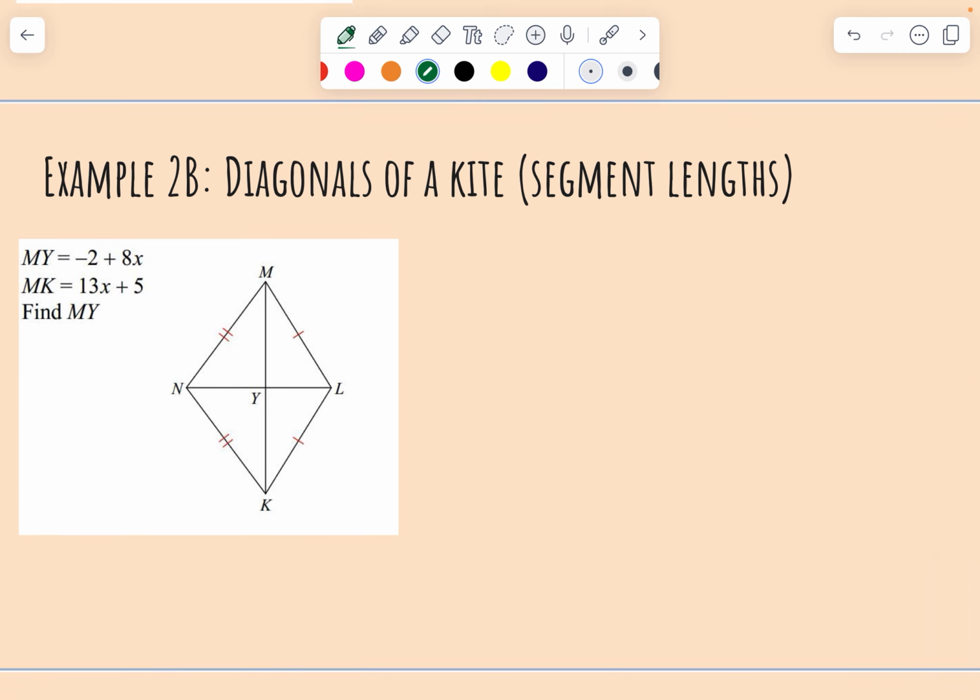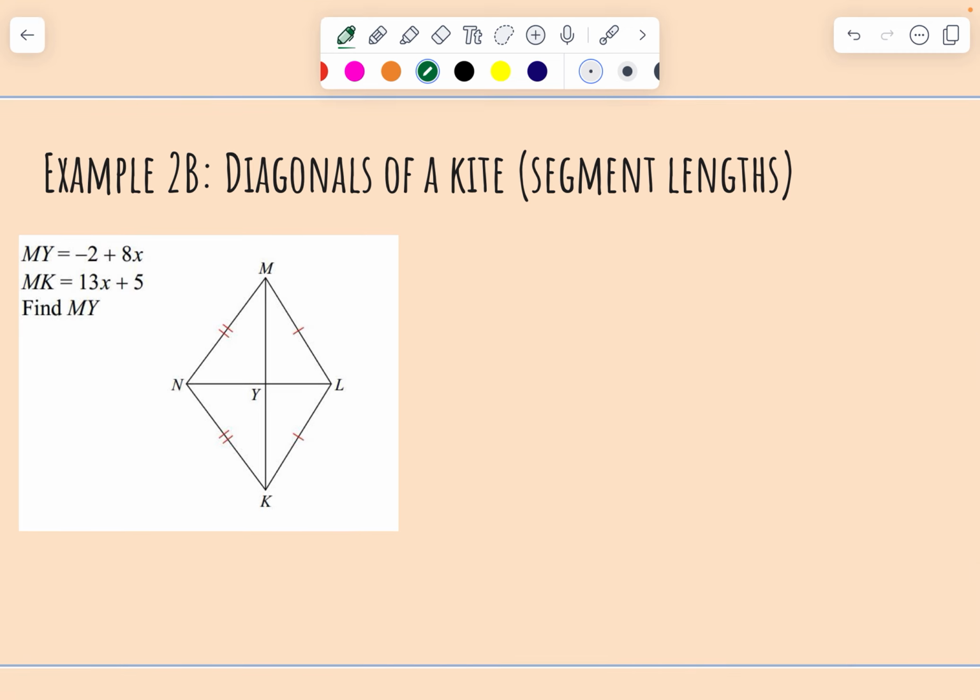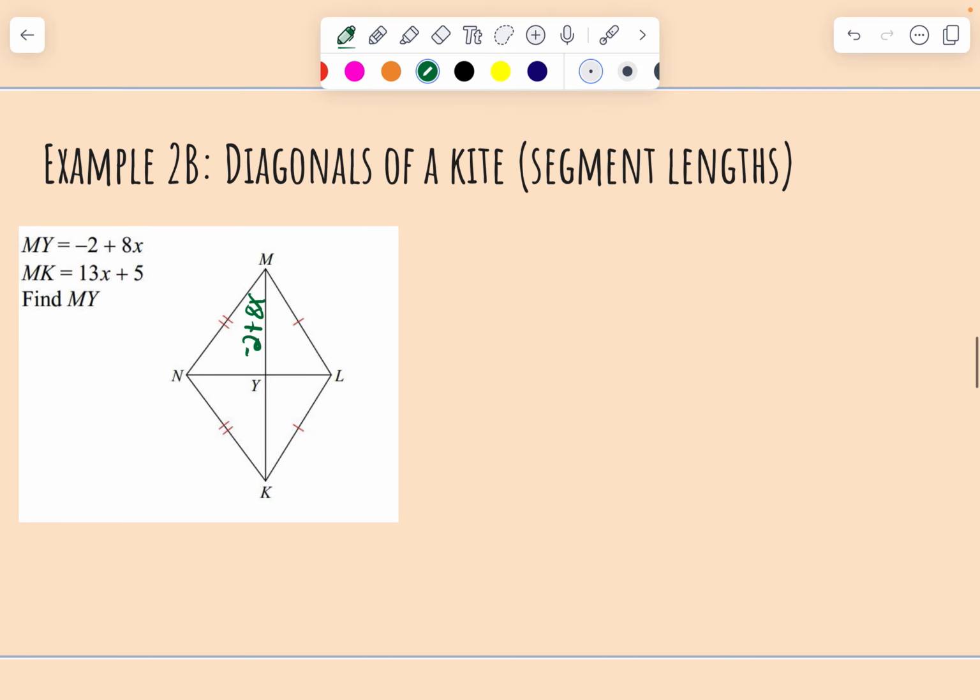All right, this one, they're telling me MY is negative 2 plus 8x. And they're telling me that the whole thing is 13x plus 5. They're not telling me anything about YK, but I know if MY is negative 2 plus 8x, then KY is also negative 2 plus 8x.